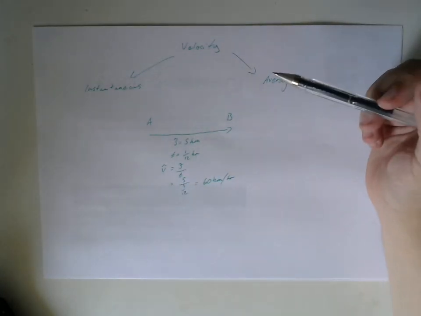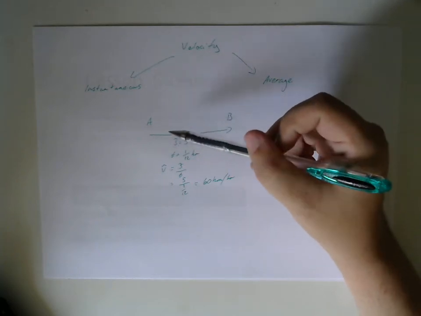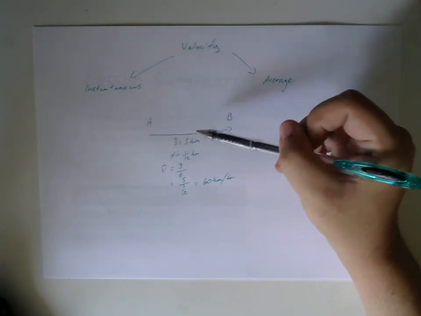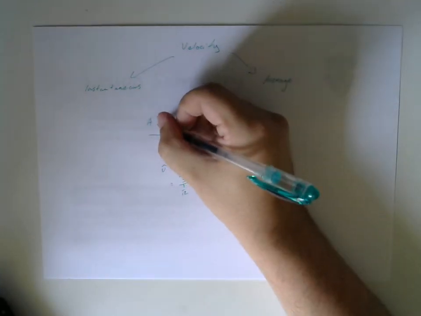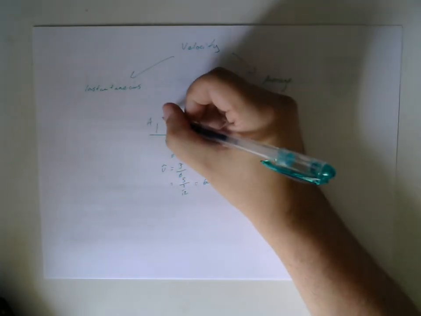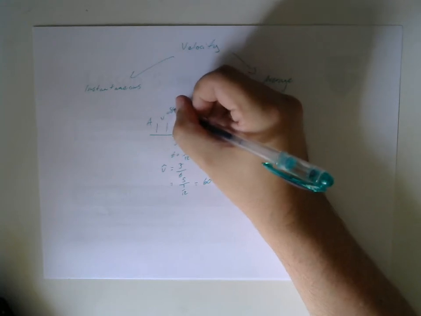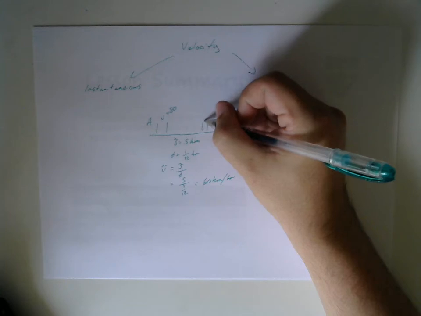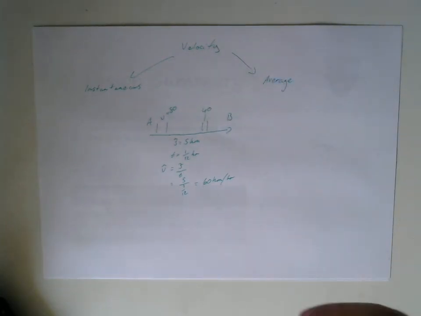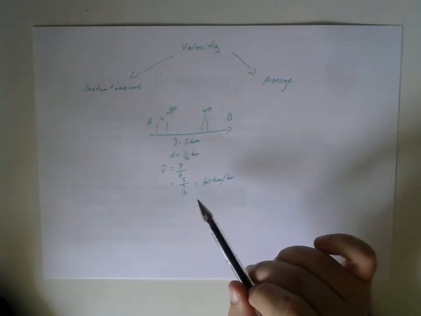Now, that's saying that the average for the whole time was equal to this. But maybe in this section, the speed limit was 80. Maybe in this section, the speed limit was 40. We don't know from this information.